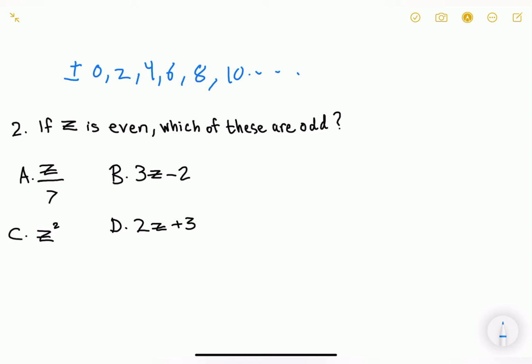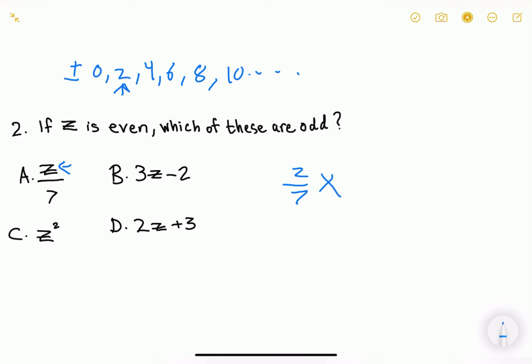We know that the variable is going to be an even number. Which one of these is odd? So we're supposed to get the result as odd. Let's try it out. Let's pick any even number and just plug it in. So 2/7?